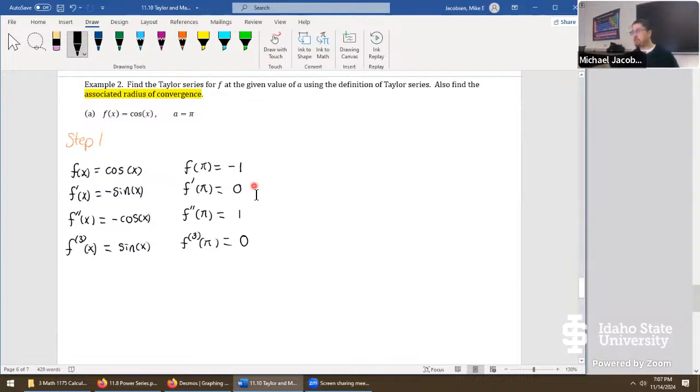And it looks like these are going to be repeating in steps of 4. The last one is the fourth order derivative at x. It's the derivative of sine x, getting us back to where we started, cosine x. So the fourth order derivative at pi is back to -1. So that's our setup so far in step 1. Any questions at the moment with running through that?